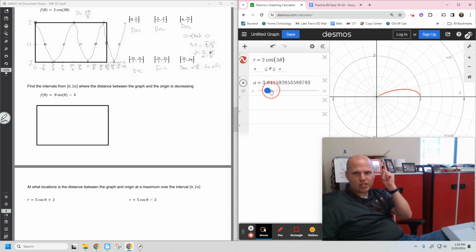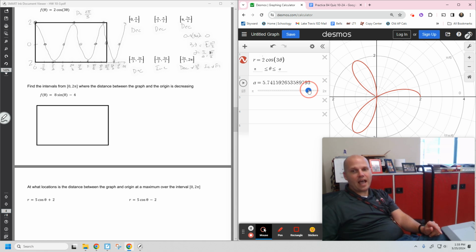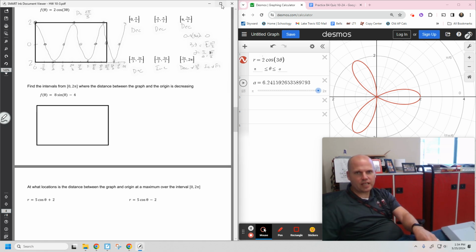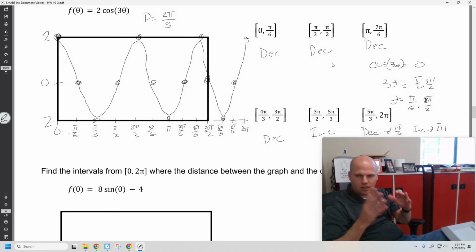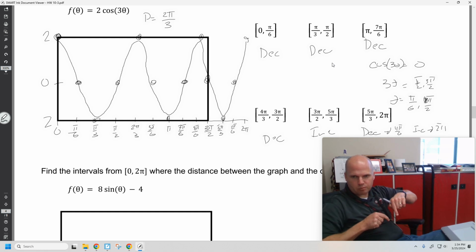From 7 pi over 6 to 4 pi over 3, we have positives. Here are positive radiuses in the third quadrant between 7 pi over 6 and 4 pi over 3. And then at 3 pi over 2, we get back to 0. Now we're in the fourth quadrant with our angles, but the graph is traced over in the second quadrant. Now, 11 pi over 6 to 2 pi, finish off. It's really tricky how this works, but you have to understand that if your radius is negative, your angles might be here, but your graph is down there.